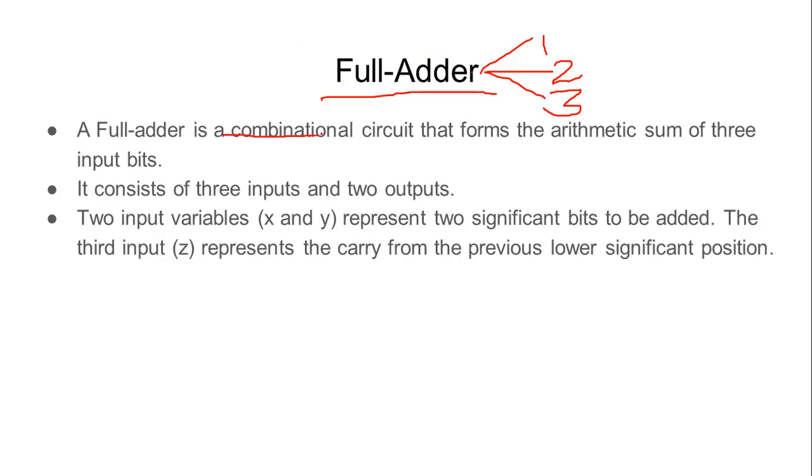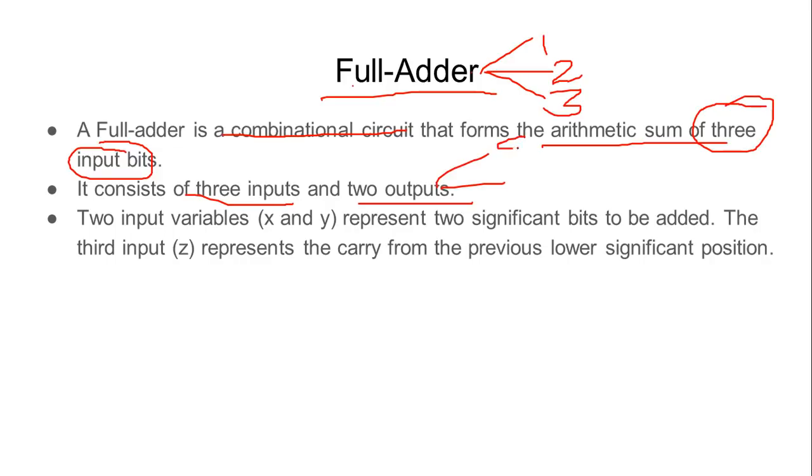Full adder is again a combinational circuit that forms the arithmetic sum of three input variables. As I said earlier, full is for the three input variables. So total three input variables and two output variables. The two outputs remain the same as in the half adder, sum and carry.